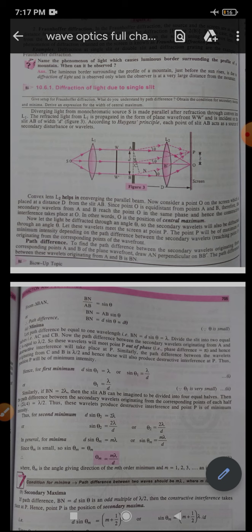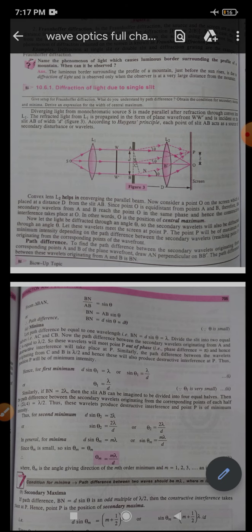We wanted a parallel source of light, so we have used a convex lens, and it made parallel rays of light after passing through the lens L1.